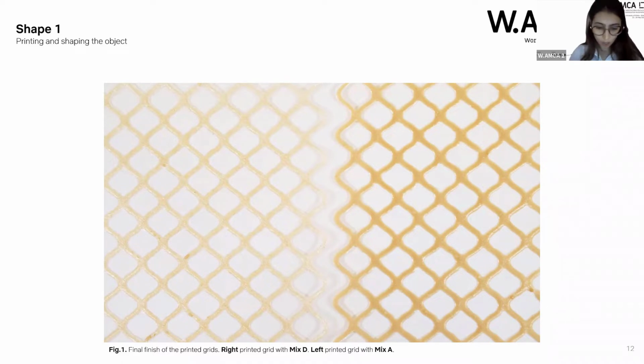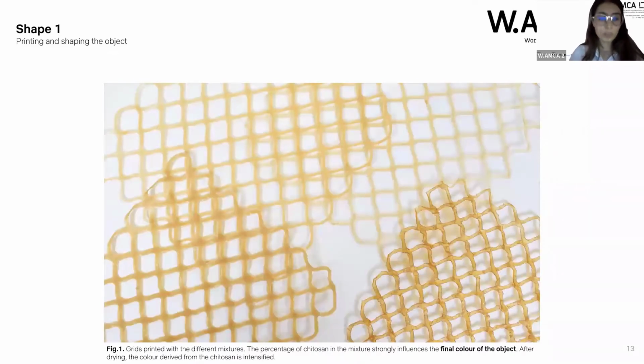The difference in color is essentially due to the presence of calcium carbonate in the left grid, because it's a white powder. Here we can see different objects produced with different mixtures, and we can see the shapes, the opacities, and the difference in color.